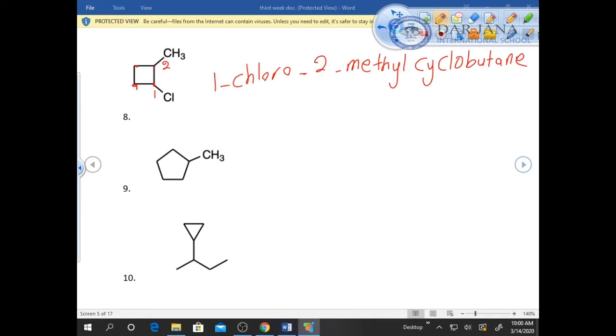Moving to number 9. Here we have only one methyl group on this cyclopentane, so the name is, without mentioning any number because it's only one substituent, it will be methylcyclopentane.